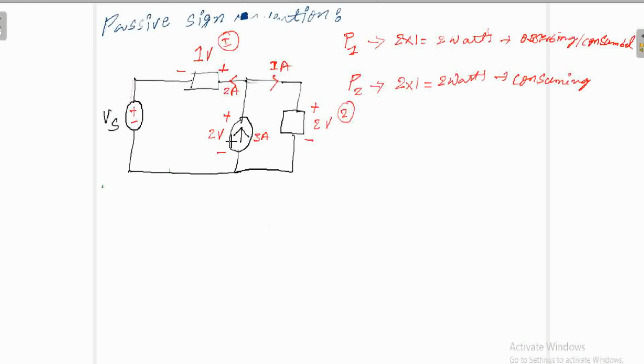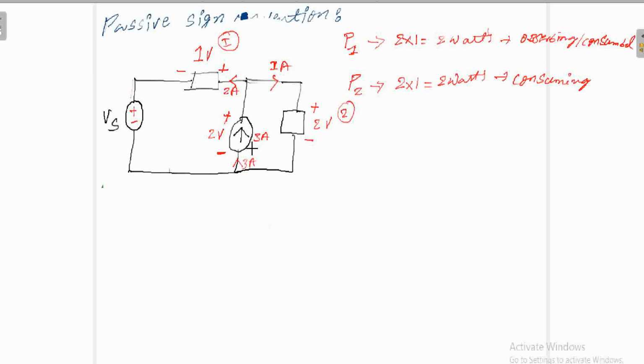Then what about this current source? For this current source, the 3 amps current is entering into the negative terminal and leaving from the positive terminal. Now tell me, by considering the 3 amps, is it obeying passive sign convention?